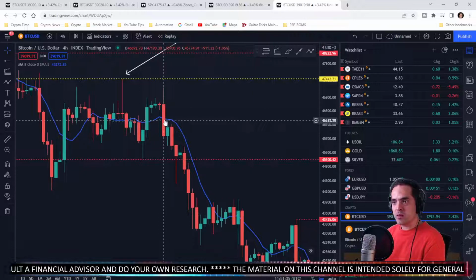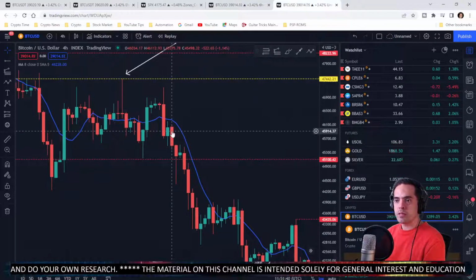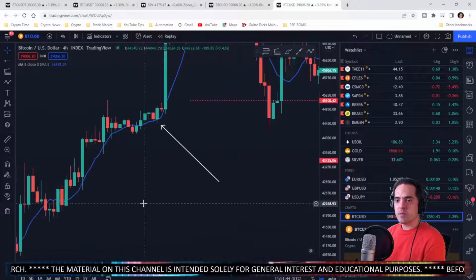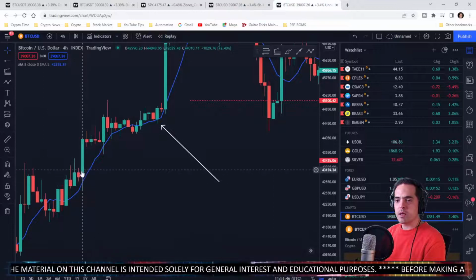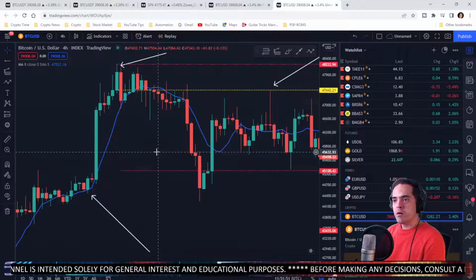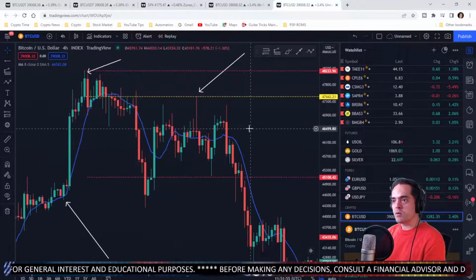If the price is breaking below, you're gonna look to sell. If the price is moving or breaking above, we're gonna look to buy. So that's the giveaway.